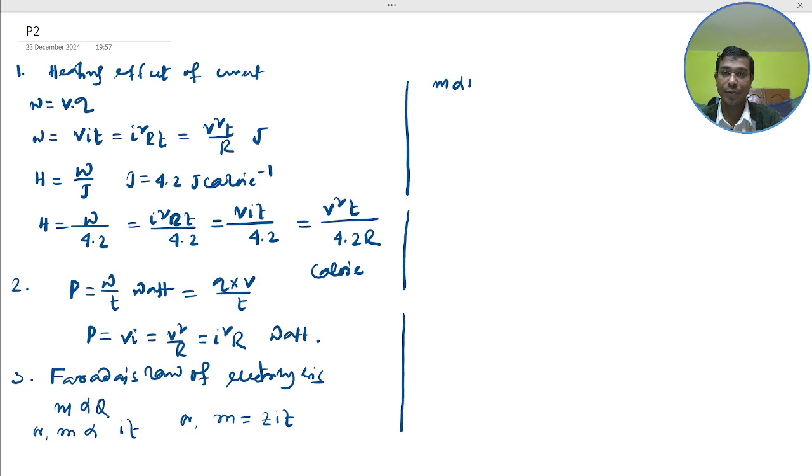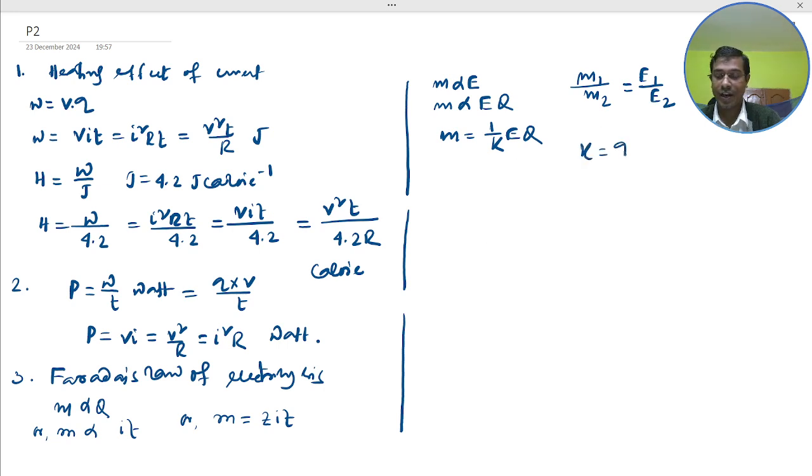This is written as M proportional to E. Using the first law, M proportional to EQ, or M = (1/K)EQ. Also the final outcome M1/M2 = E1/E2. K is a universal constant. Here the K value is 9.64 × 10^7 coulomb per kg.